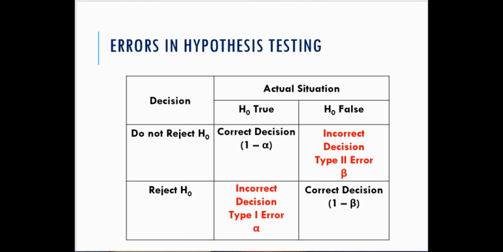If the null hypothesis is in reality false and you do not reject it, again this is an incorrect decision and this is type 2 error, and the probability of committing this type 2 error is known as beta. And if the null hypothesis is false and you reject it, then you have taken the correct decision, and the probability of this is 1 minus beta.